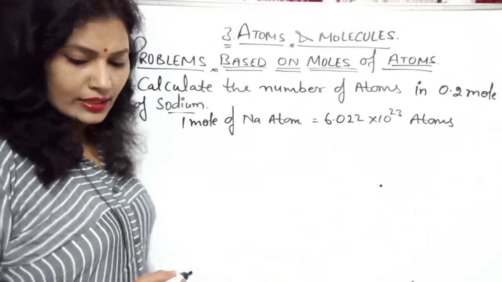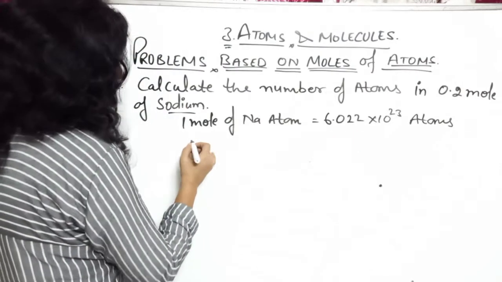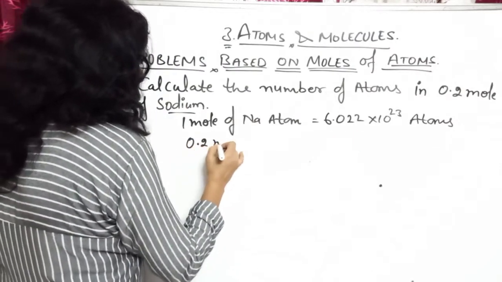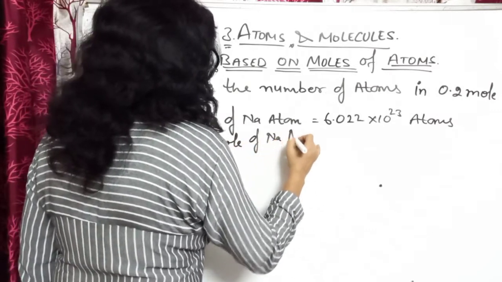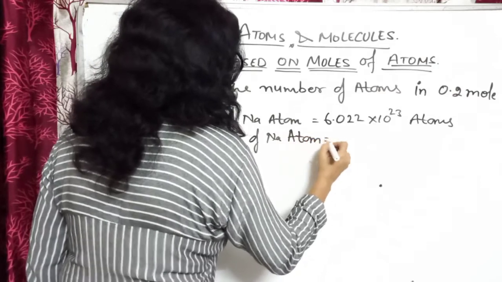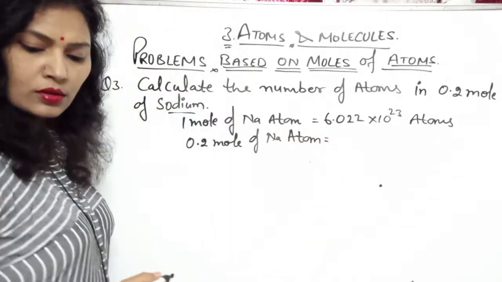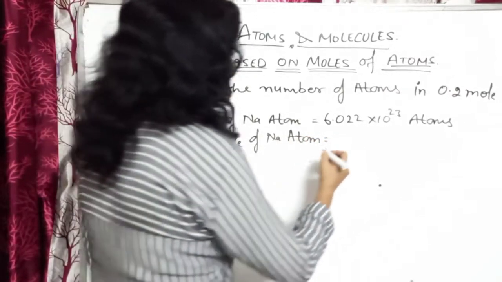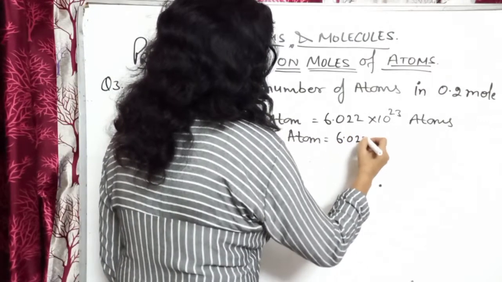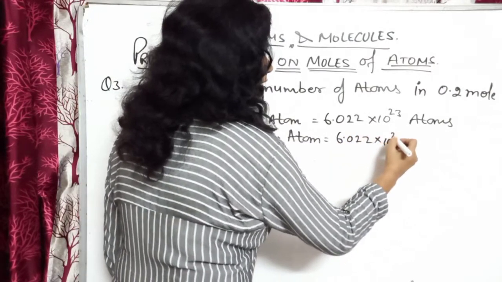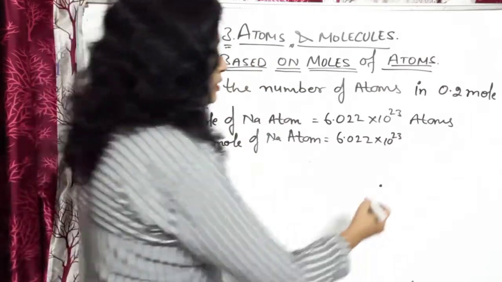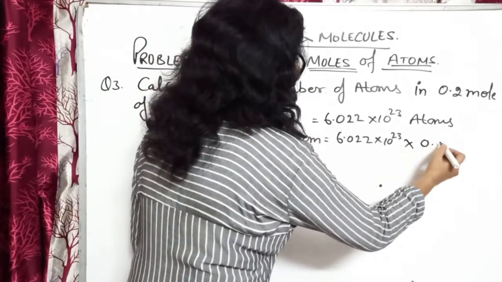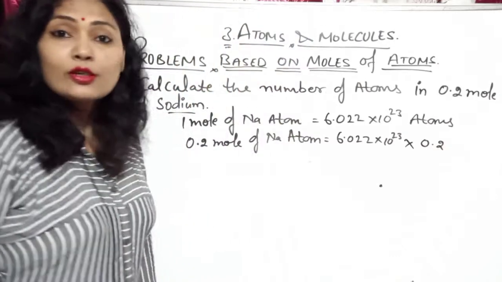So we write that 0.2 mole of sodium atom equals 6.022 into 10 to the power 23 atoms into 0.2. It should be multiplied by 0.2.